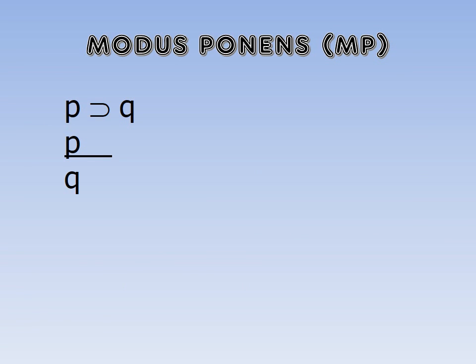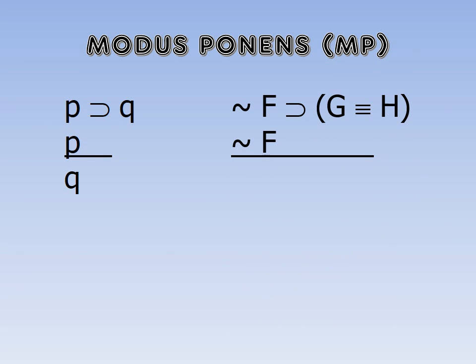And there are various ways of doing this as well. For example, I could bring in tilde F implying a biconditional. Again, the idea is to affirm the antecedent and then move straight down to the consequent as your conclusion. As long as you do that, you will have a valid form of inference.